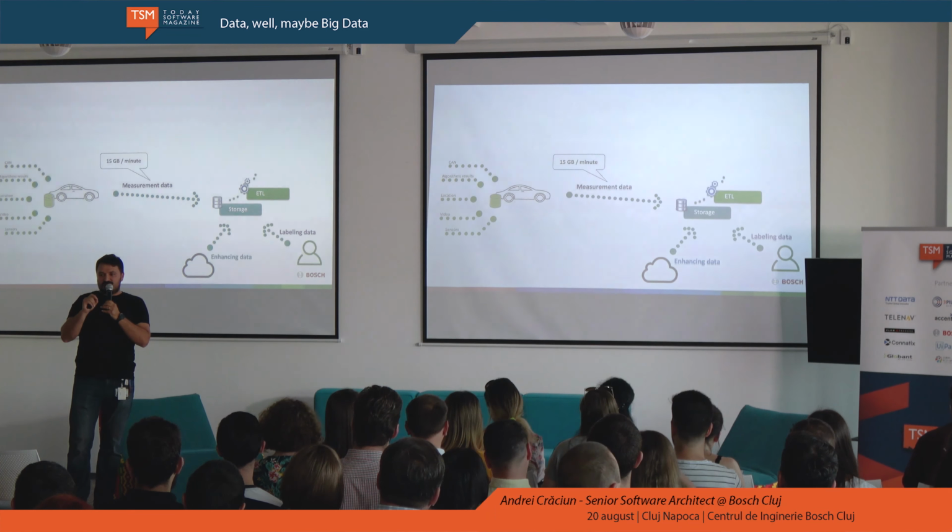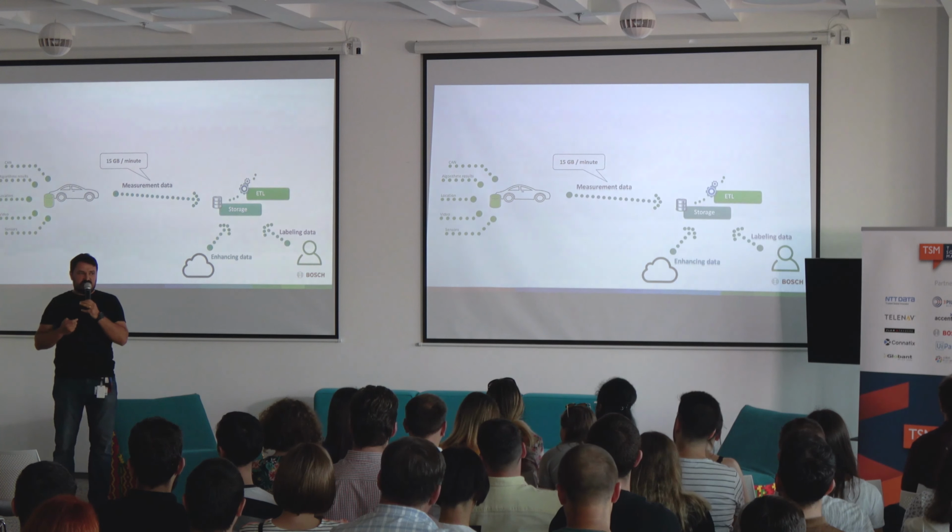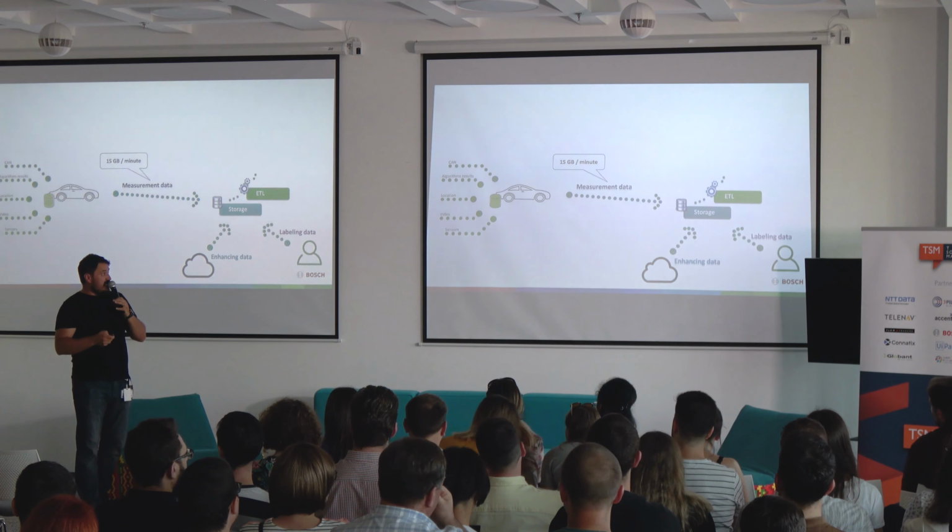So we need to use technologies like HDFS to process the data as close as possible to the source. And we run this with Apache Spark jobs. Generally, we use these stacks.